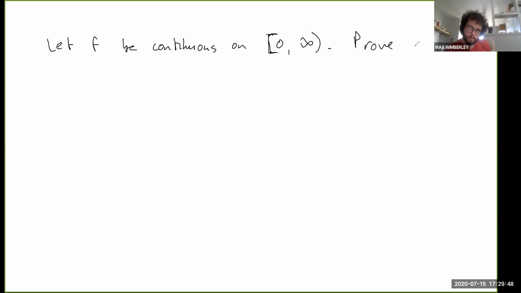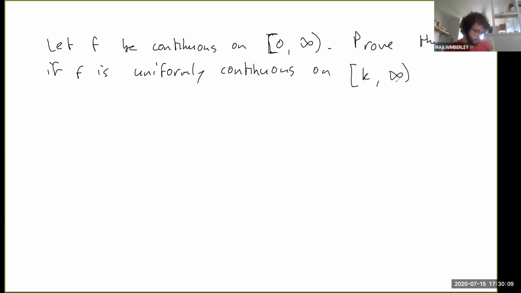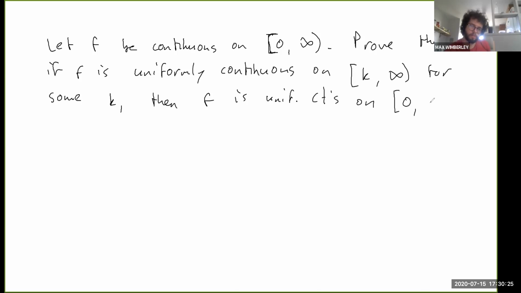Prove that if f is uniformly continuous on [k, infinity) for some k, then f is uniformly continuous on [0, infinity).